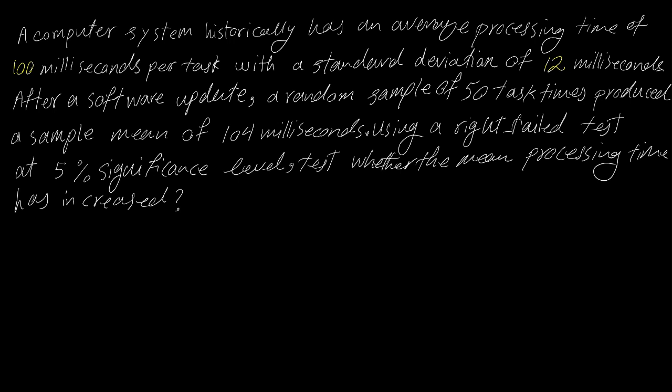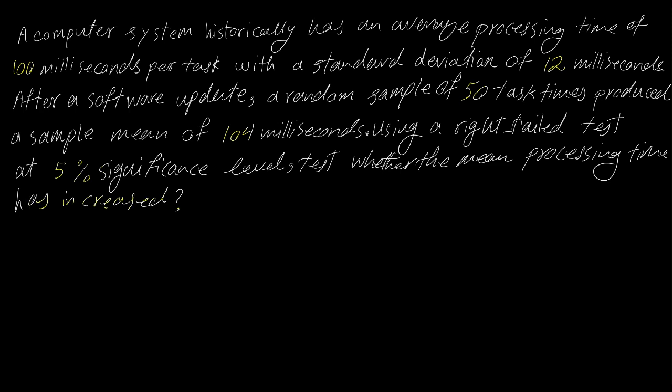After a software update, a random sample of 50 task times produced a sample mean of 104 milliseconds. Using a right-tailed test at the 5% significance level, test whether the mean processing time has increased.